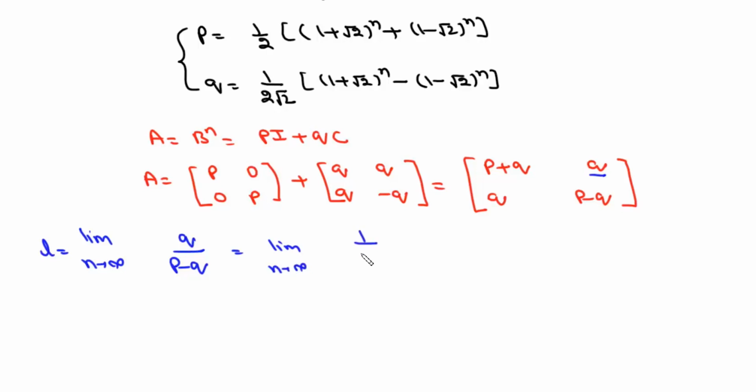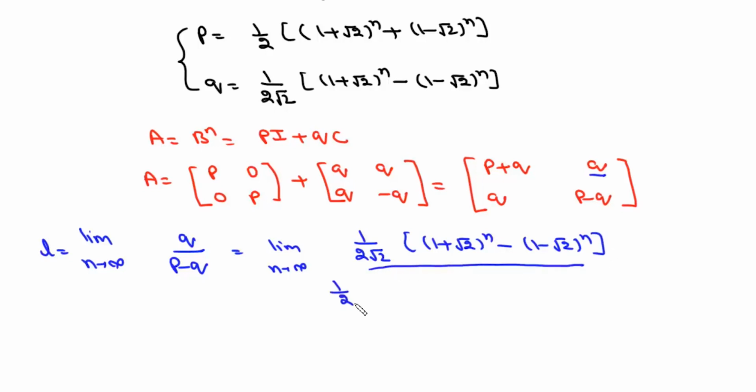Now Q is 1 upon 2 root 2 into (1 plus root 2) to the power n minus (1 minus root 2) to the power n, whole divided by P minus Q, and P minus Q will be 1 by 2 into (1 plus root 2) to the power n plus (1 minus root 2) to the power n, and minus 1 upon 2 root 2 into (1 plus root 2) to the power n minus (1 minus root 2) to the power n.